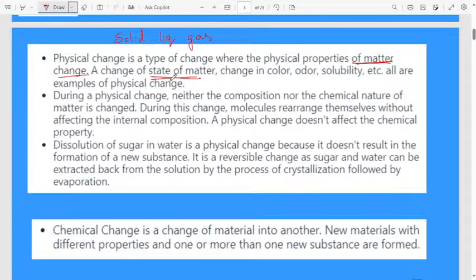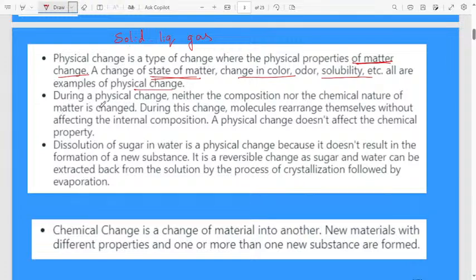Tell me. Then change in color, odor, solubility, etc. are all physical changes. Whatever changes occur in the state of matter, color, odor, solubility, we consider as a physical change. Thank you, Akila.